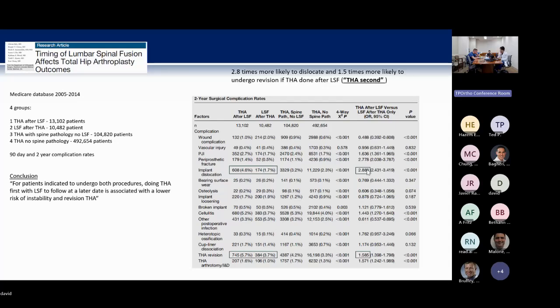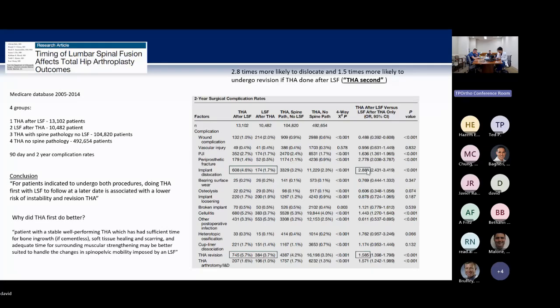Their conjecture was that if you have the hip done first and you have good bone ingrowth and stable soft tissue healing and scarring, and then rehab the hip, that might be better to have a more stable hip, rather than doing all that and then fusing after that, which might change the mechanics. I don't know, that's a little simplistic explanation, but overall they saw higher rates in doing the hip after the spine.